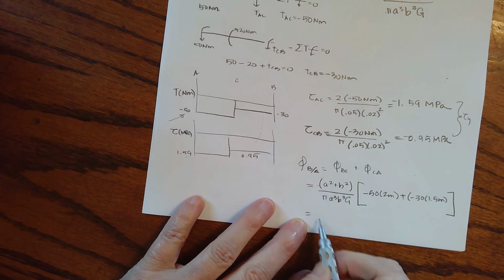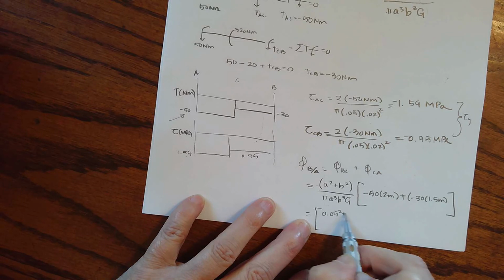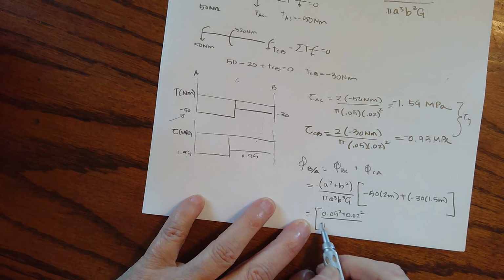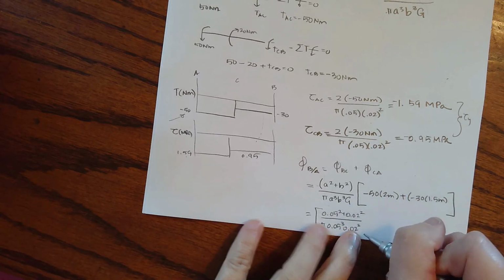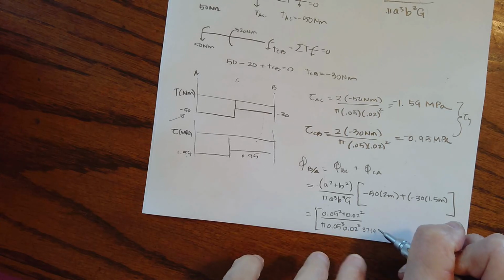So when I'm looking at A squared, 0.05 squared plus 0.02 squared divided by pi, 0.05 cubed, 0.02 cubed. And then we would need to go to our handy dandy chart in the back of the book. And when we did that, we would find that G is 37 gigapascals. So 37 times 10 to the 9th.